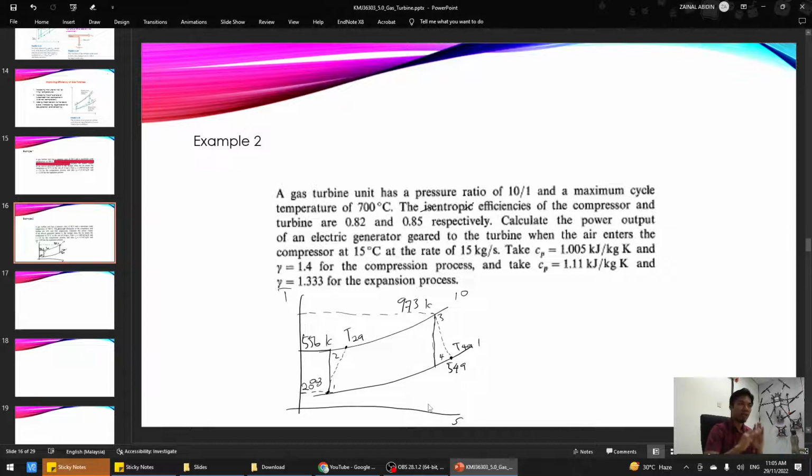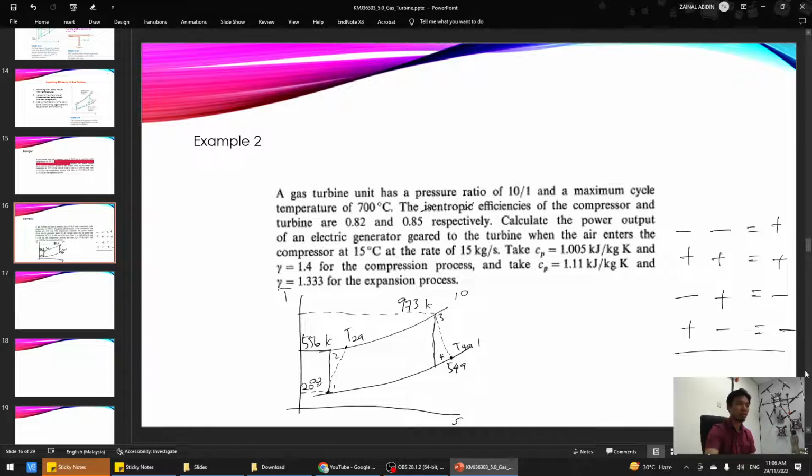So saya selalunya akan memorize satu. Okay, for example, when minus jumpa minus, you akan dapat plus kan. So plus jumpa plus, you akan dapat plus. Kalau minus jumpa plus, you dapat minus kan. Ataupun plus jumpa minus, you dapat minus.